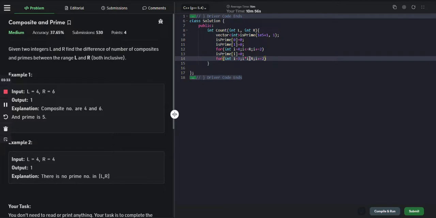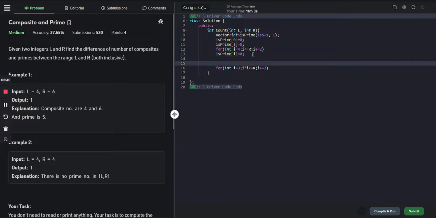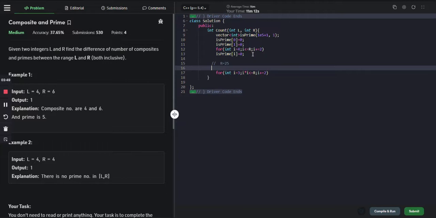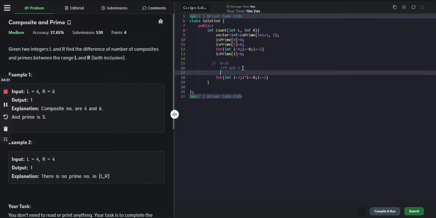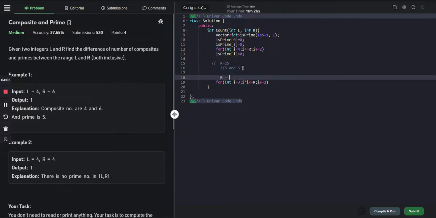And why am I choosing i square less than or equal to R? The reason is because suppose the number R is 25, then you can see that its factors are 5 and 5 only, which is the square root of 25. Similarly, let's say R is 100.